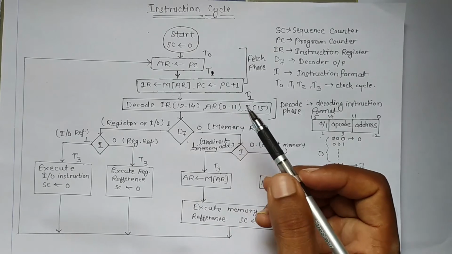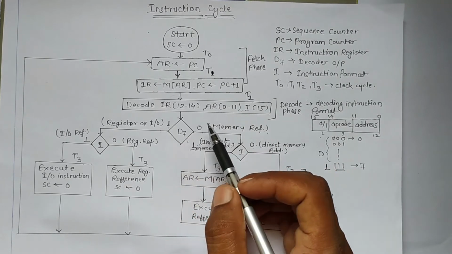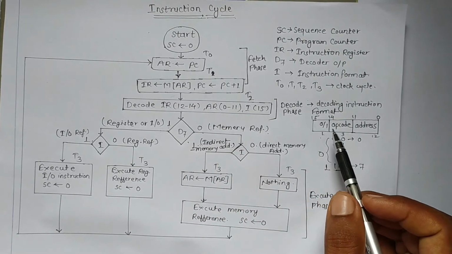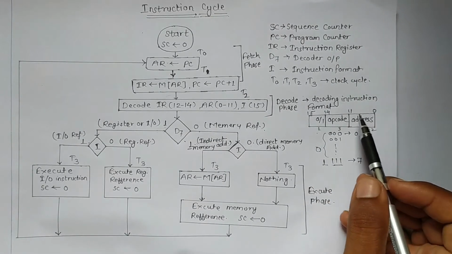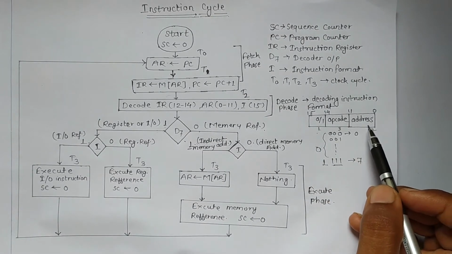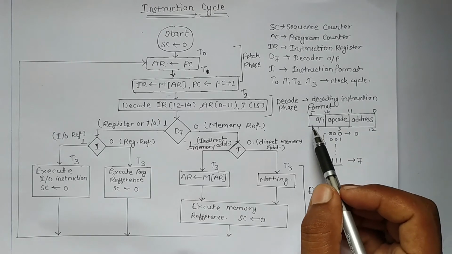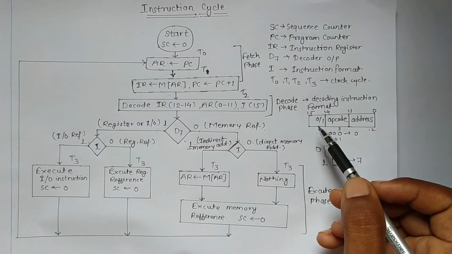After the fetch phase, the microprocessor decodes the instruction format. We know the instruction format can be divided into 3 parts: bits 0 to 11 are the address, bits 12 to 14 are the opcode, and the 15th bit is the addressing mode, which is 0 or 1.